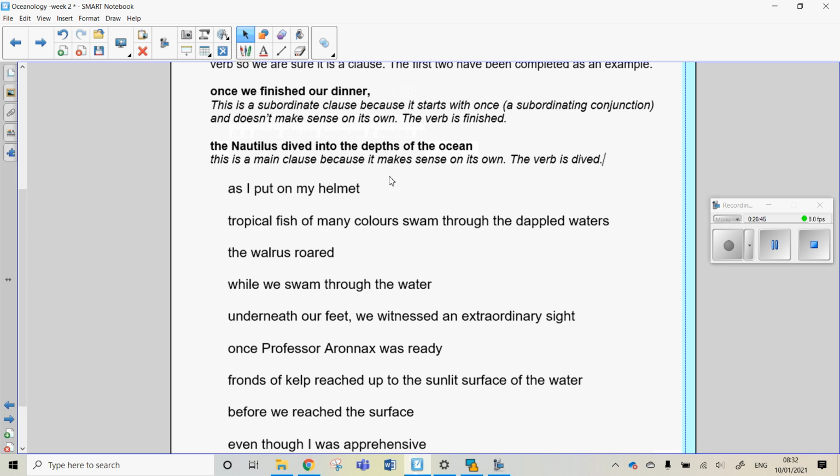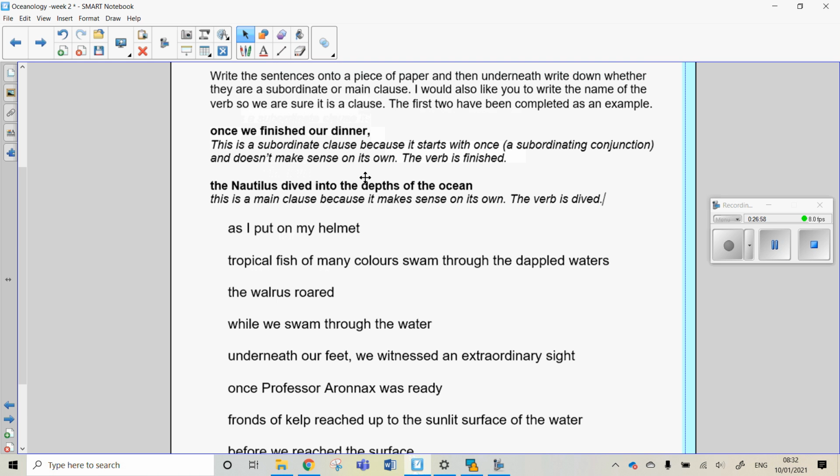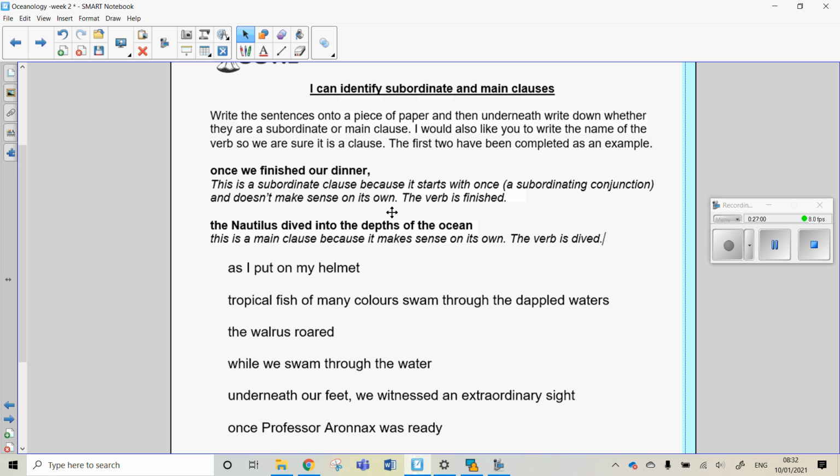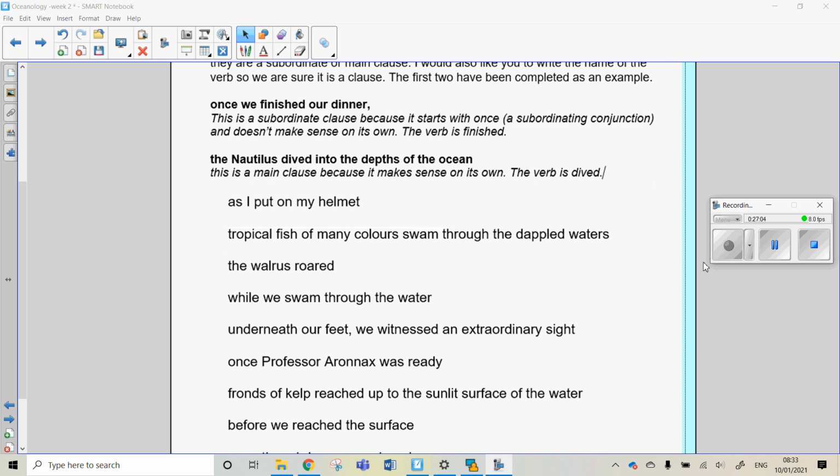I've also saved this as a Word document on Teams, so you can do this on Teams. But even if you are doing it on Teams, I'd still like you to write out the sentence explaining why it is a subordinate or a main clause and identifying the verb as well. I've done two here as an example, so you can see how you might want to write these out.